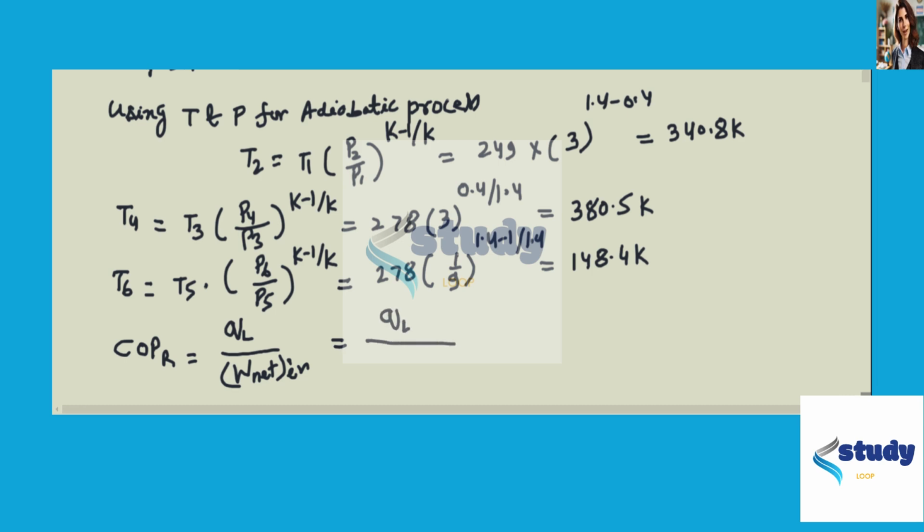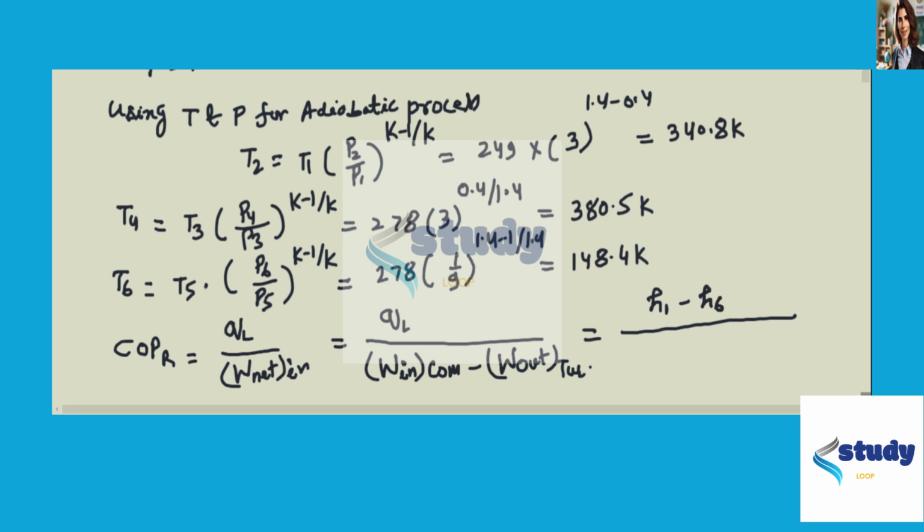Total work done is defined as work in by compression minus work out by turbine. Amount of the heat absorbed at low temperature can be defined as enthalpy of the fluid in state 1 minus in state 6.